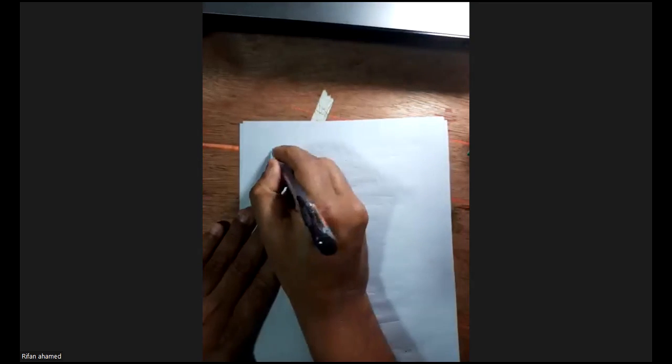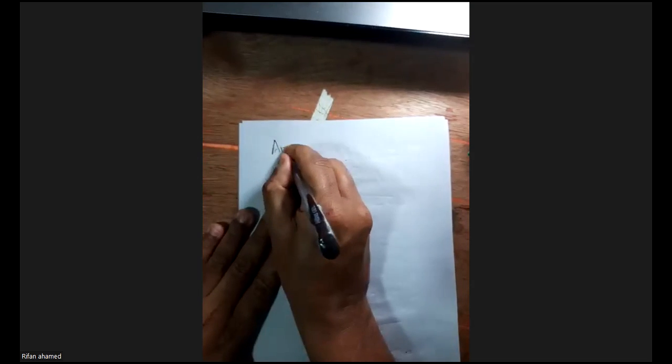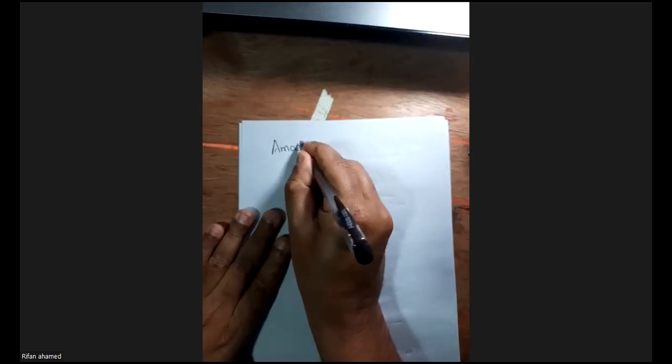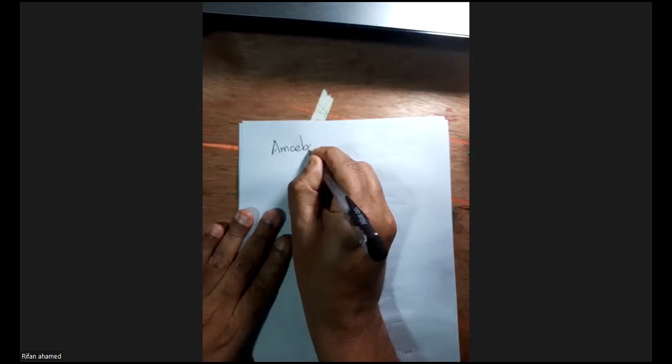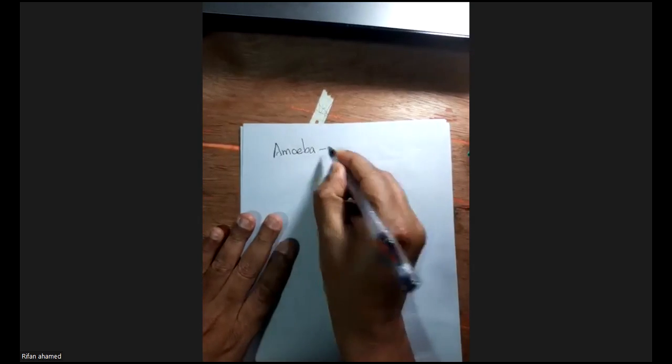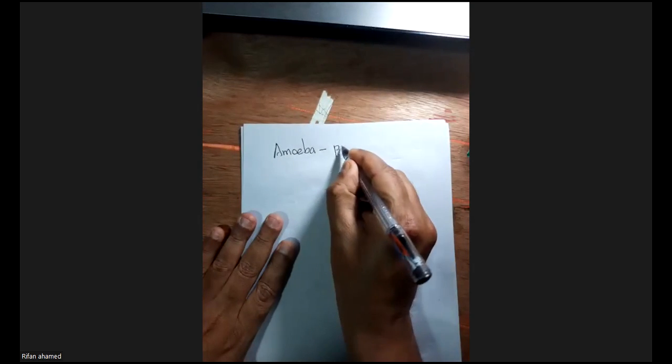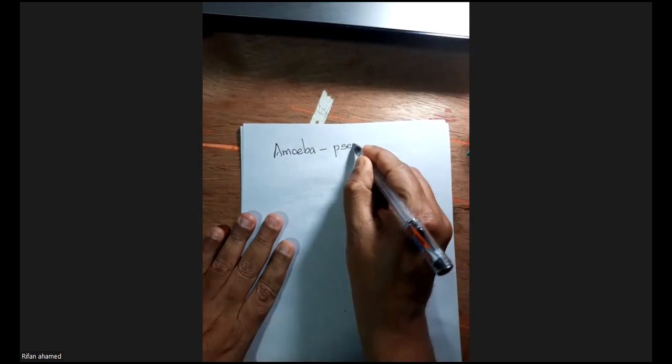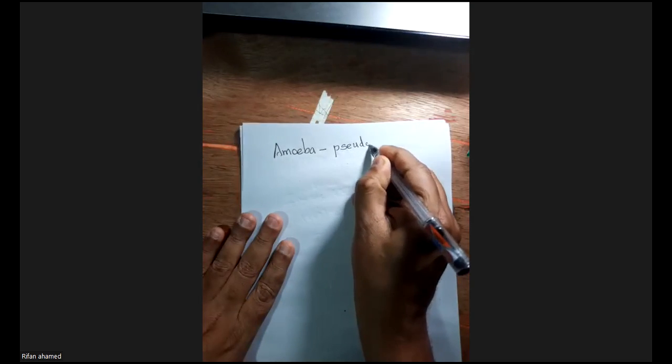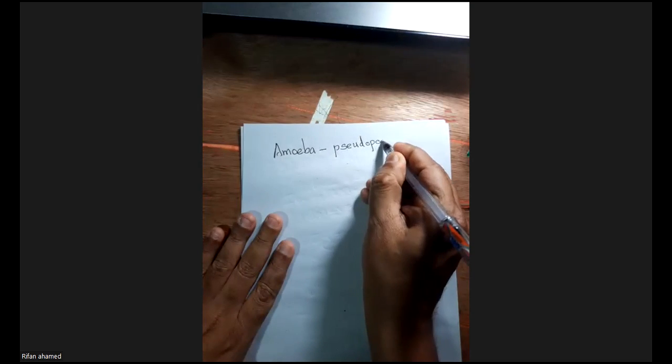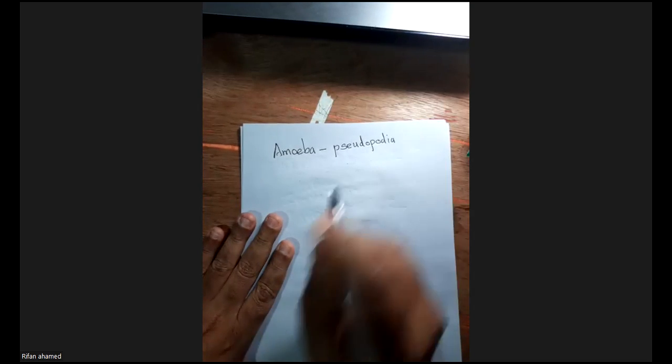In the tute, if you take the organism first given to you, what is the first given organism? Amoeba. In amoeba, there are extensions called pseudopodia for moving from one place to another place.